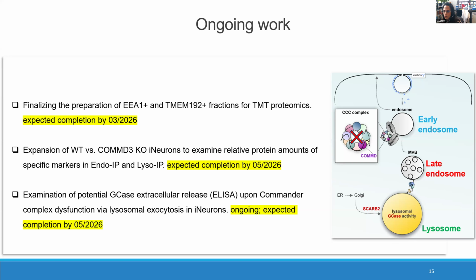So we are suspecting maybe some issues related to lysosomal exocytosis. This experiment could not be done so far in HEK cells because it's just not detectable, but I think maybe in neuronal settings, where the medium is conditioned for longer, we will have some clear answers.